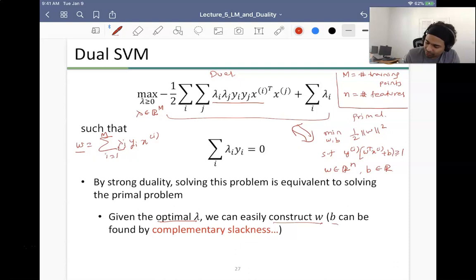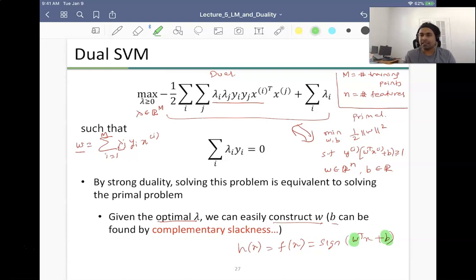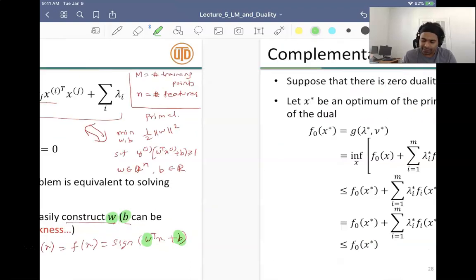So my model f of x, which is my hypothesis function, and I also sometimes call it h of x, is basically sign of w transpose x plus b. So it's critical for me to be able to find the w and the b from the dual problem. With this I can construct my w, so this is good. How do I construct my b from my lambda?